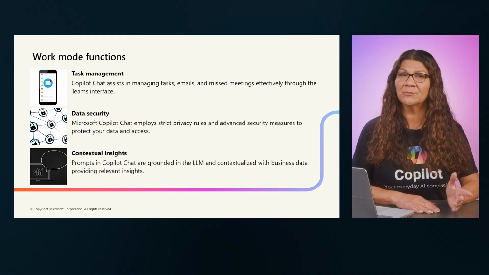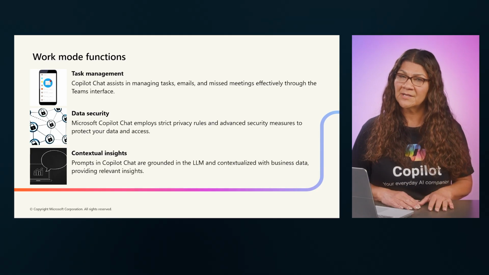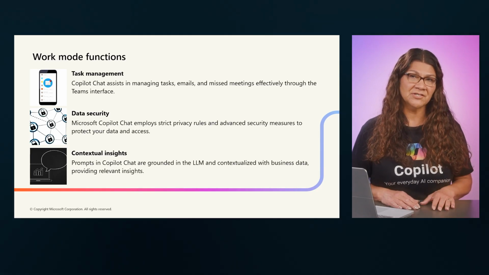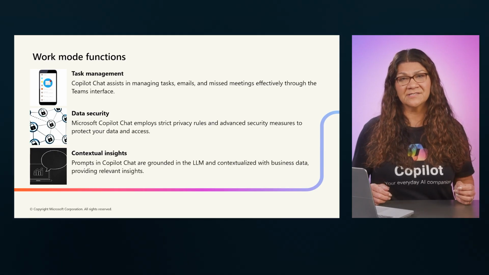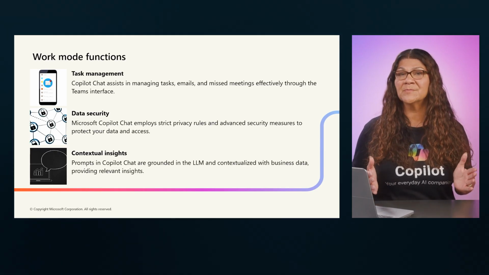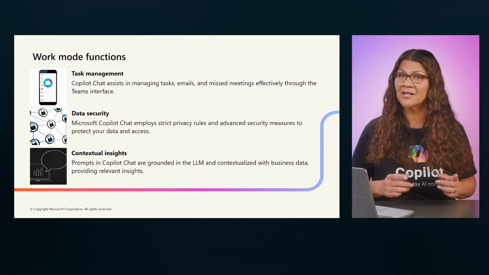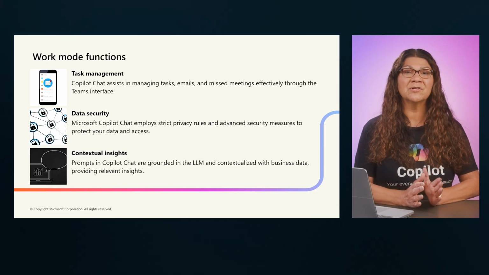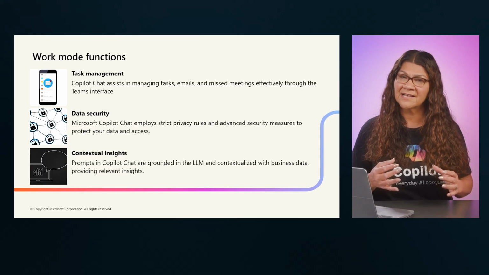No tab switching required. You can quickly prompt it to find supporting documents, summarize conversations, or draft content based on your files and messages. This works because your prompts are grounded in the large language model and contextualized with your organizational data through Microsoft Graph, which pulls in the exact information you're authorized to access.